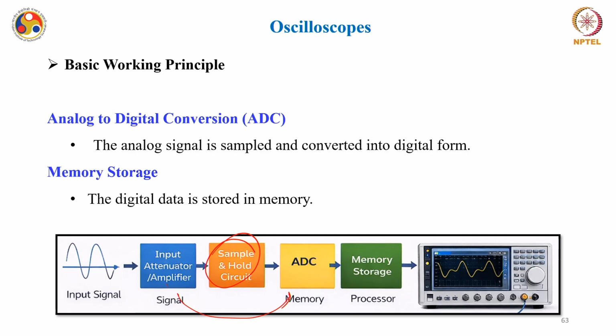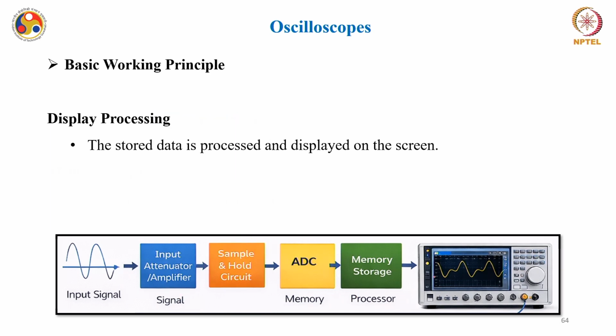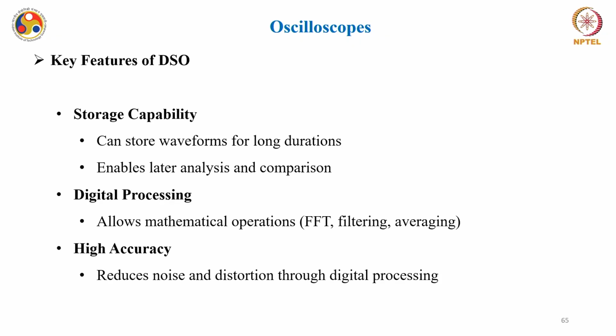Usually DSOs are more crucial for high frequency signals. Therefore, a sample and hold circuit is essential to DSOs. The analog signal is sampled and converted into digital form in the ADC, and then you have memory storage where this digital data is stored, and then it can be displayed or analyzed depending on what you want to do with the data.